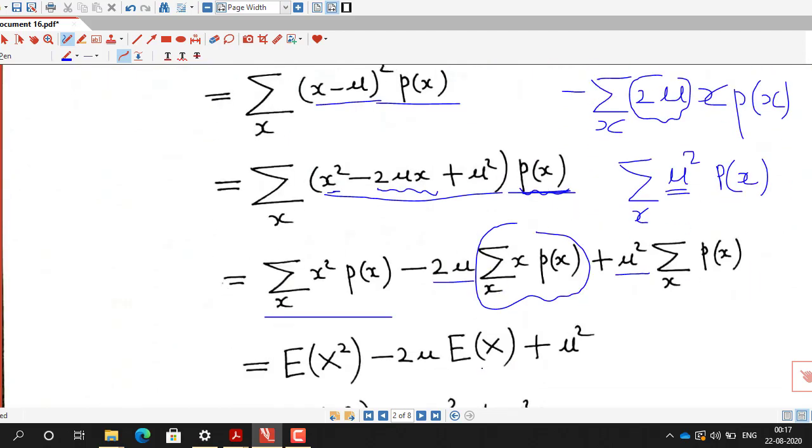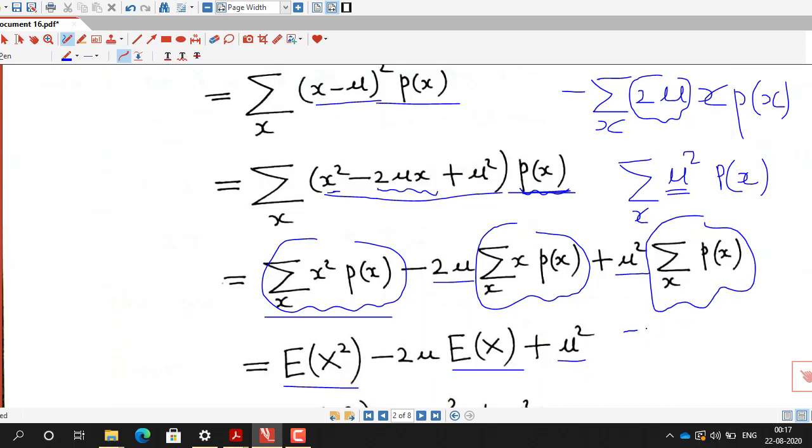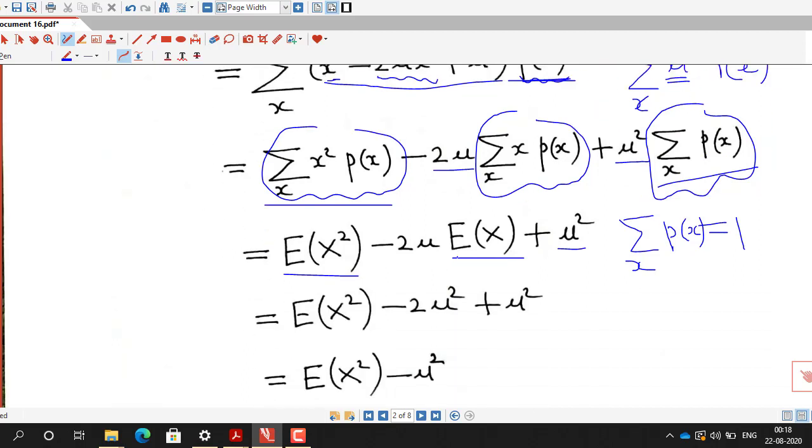So we replace it by expected value of x. The first term is nothing but expected value of x square. And summation of all the values of PMF is always 1. That is property of PMF. We know that summation of p(x) for all possible values of x must be 1. So this summation is going to be 1. And we replace expected value of x by mu.